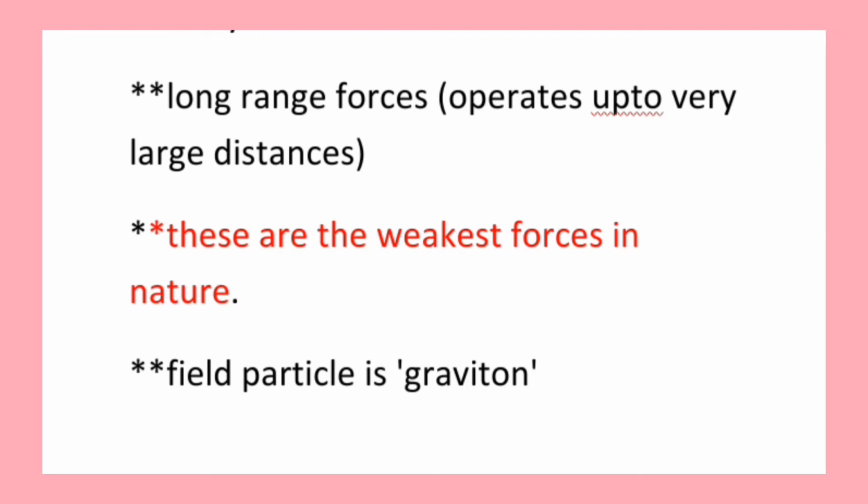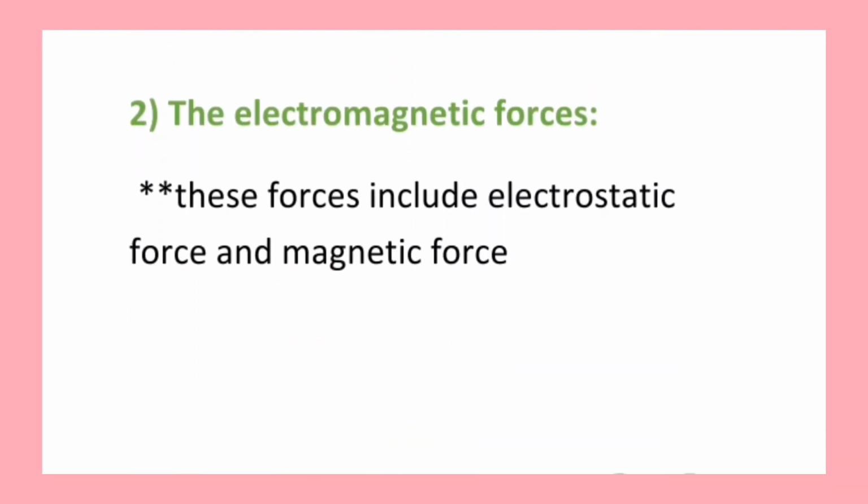As we move further to the next type of forces, that is electromagnetic forces. What are electromagnetic forces? These forces include electrostatic force and magnetic forces. The force between two stationary charges is electrostatic force, while the force between two magnetic poles is magnetic force.